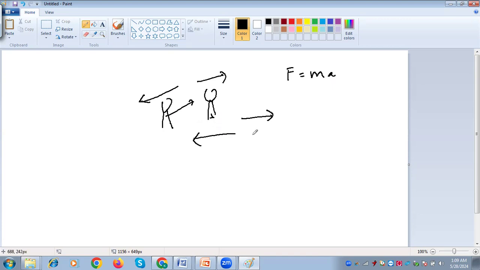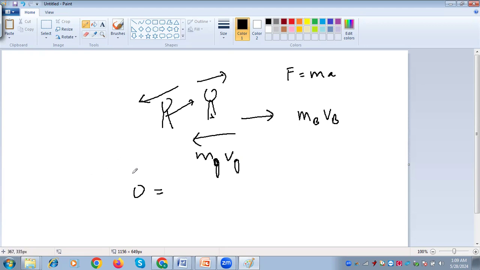The boy's momentum is in the forward direction, mass of boy into V boy, and the girl's momentum will be in the opposite direction. So we can say the initial momentum is 0.